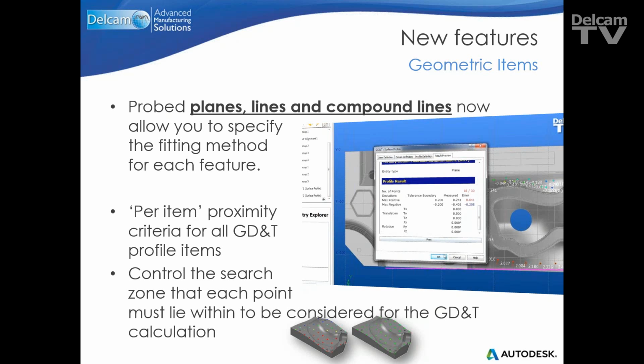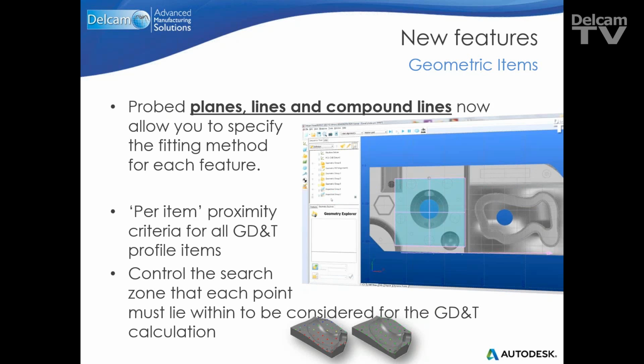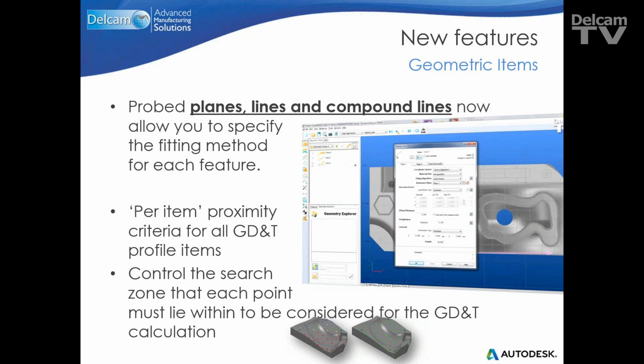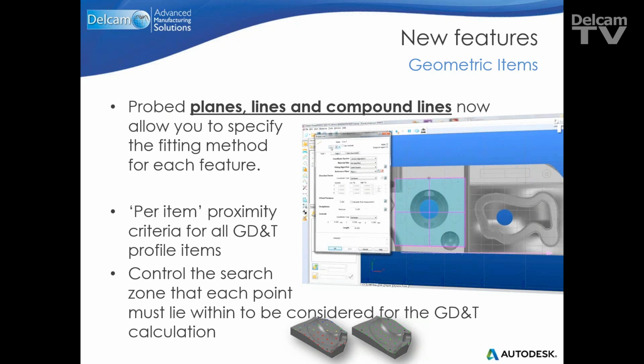We can see now on the video on the screen that there are some numbers flashing around and we're highlighting different areas. This brings me to the second part of the new geometric items feature that I want to talk to you about today, and that is to do with the GD and T surface profile calculation.